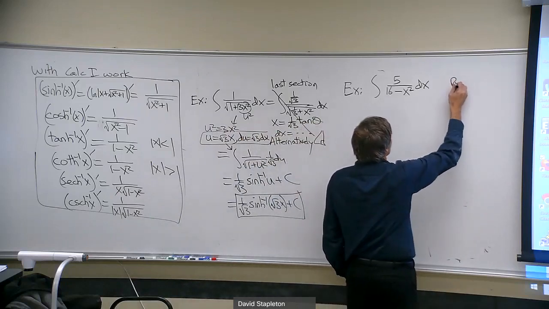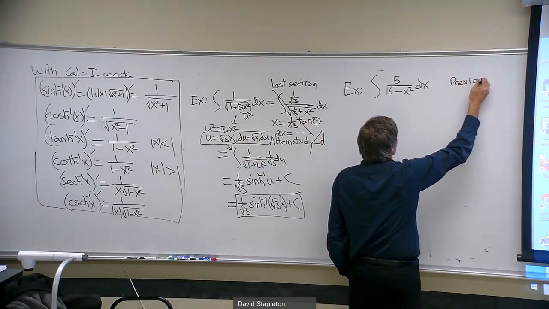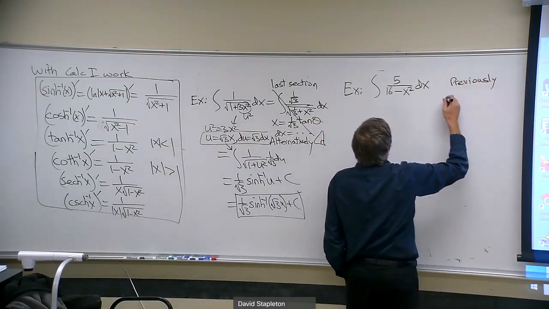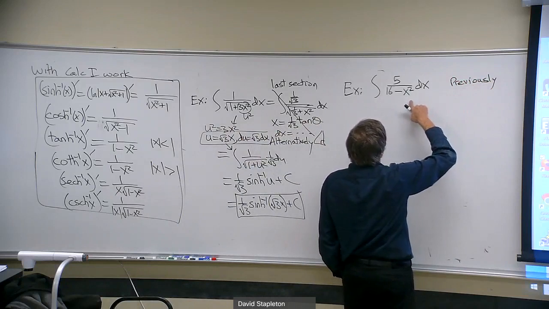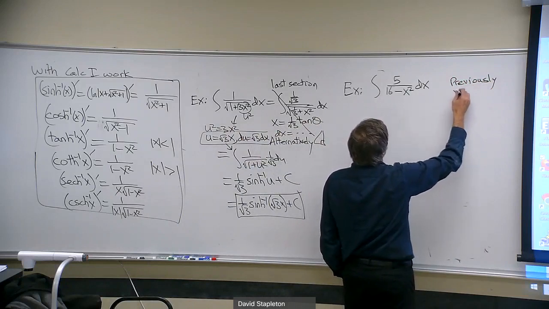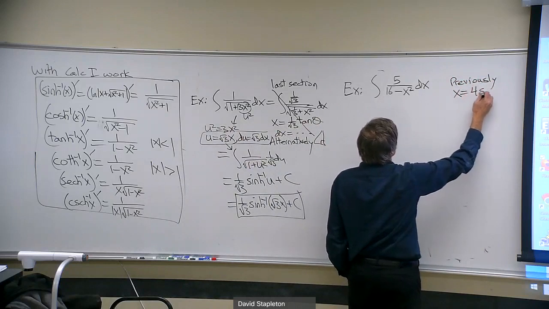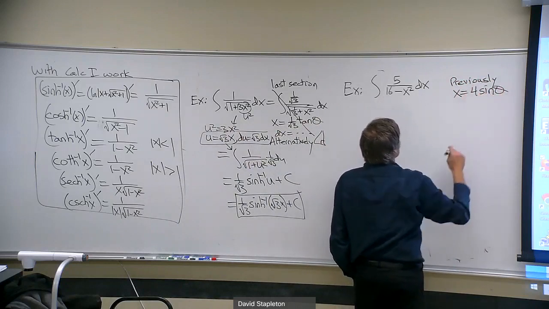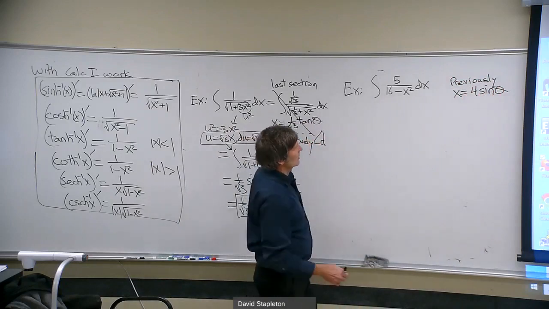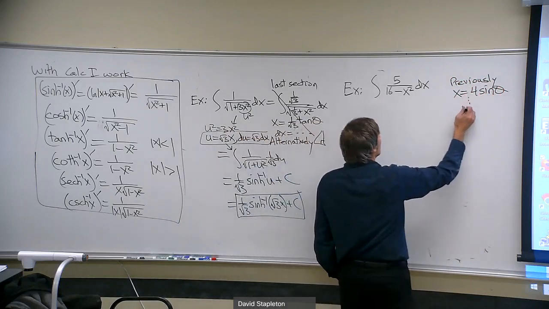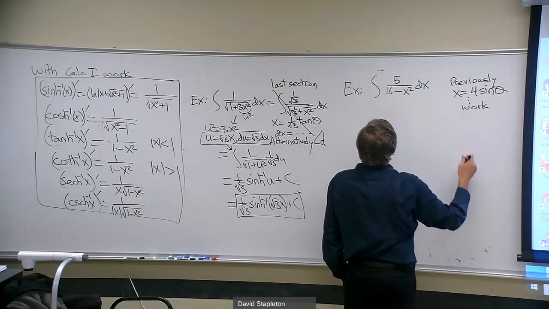So previously, with much labor, I could make a substitution, x equals a, which is 4 sine theta, and then dx is 4 cosine theta d theta, and so forth. That takes a lot of work, but it does get the answer.